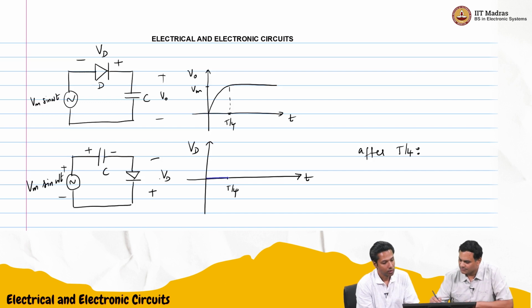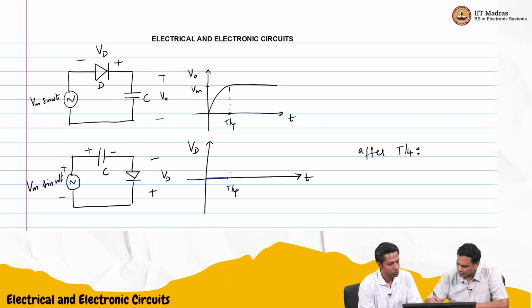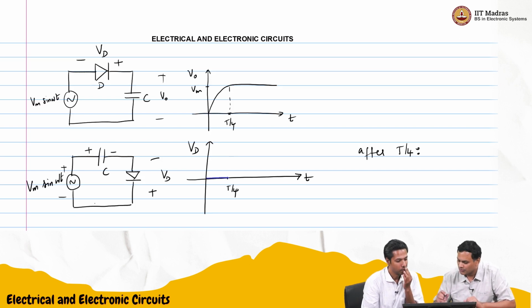So I added Vm like this. Now I don't have space to draw the full thing because I drew VM too big. What I will do, I'll move this down. That will give me some space.